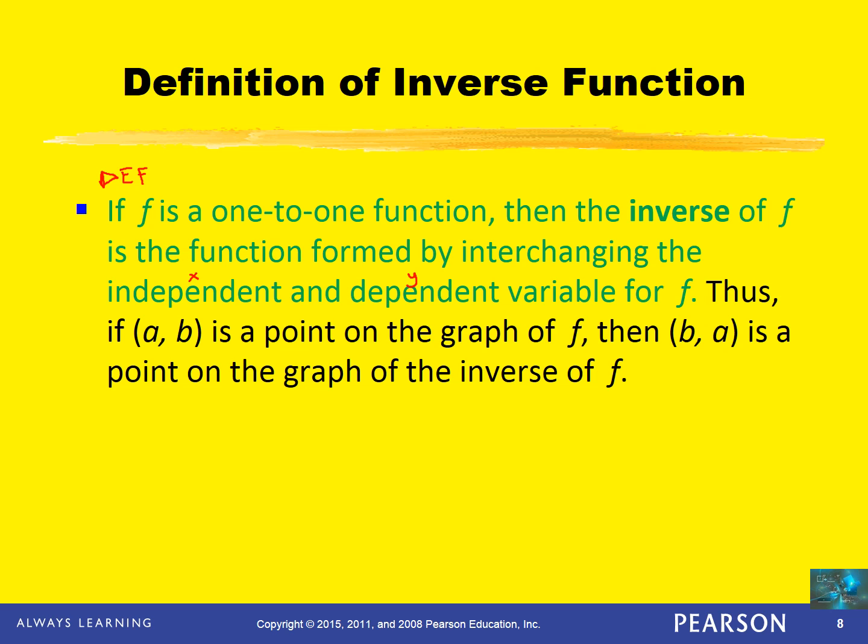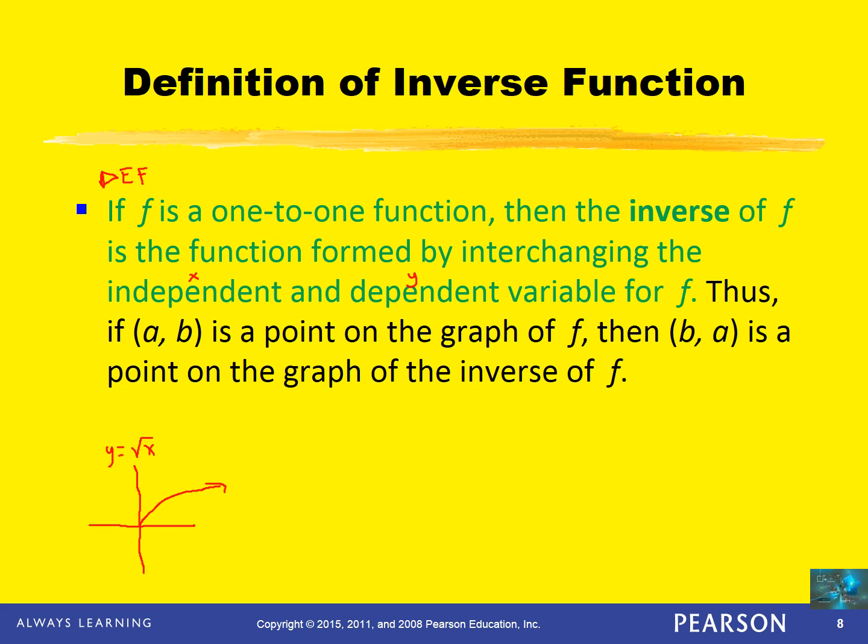So here's, let's take a one-to-one function, maybe the square rooting function. The square rooting function happens to be one-to-one. y equals the square root of x. It's a one-to-one function. You can kind of see how it would pass the horizontal line test.